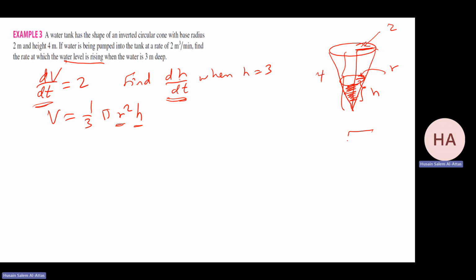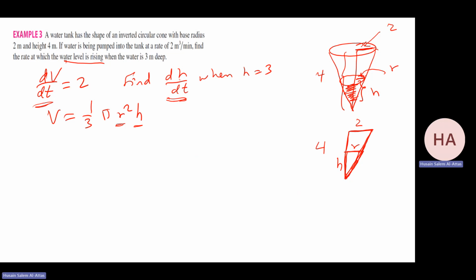If you notice, we have similar triangles. Where I have 2, this is r, this is 4, this is small h. So I have the bigger triangle and the small triangle, and they are similar to each other.